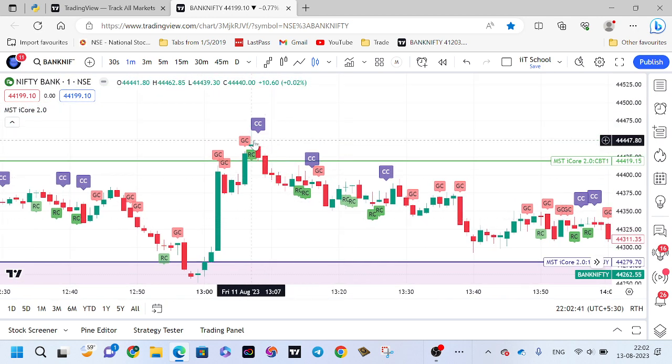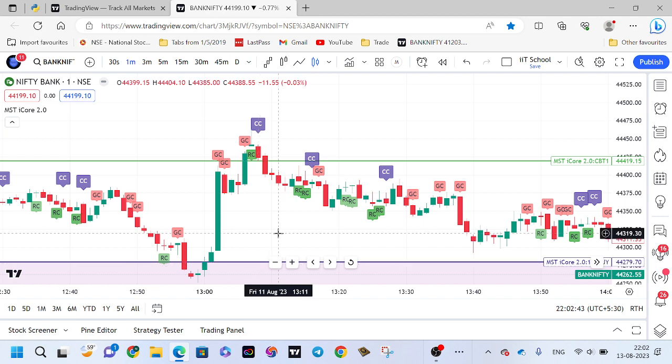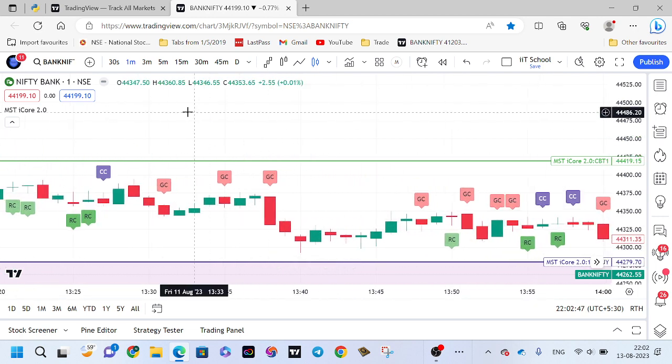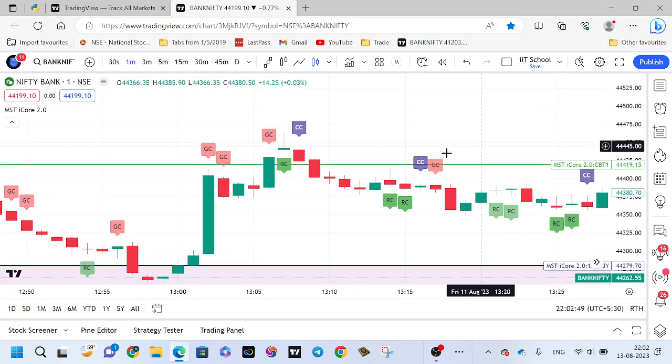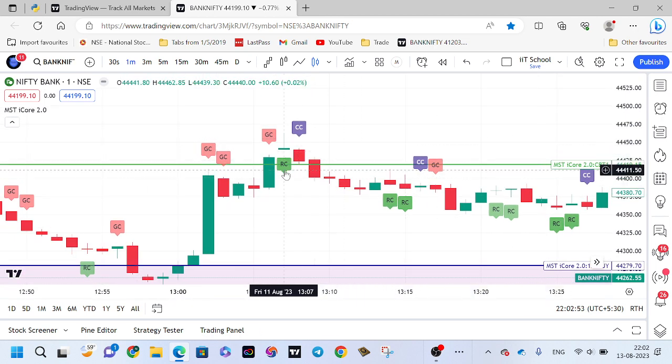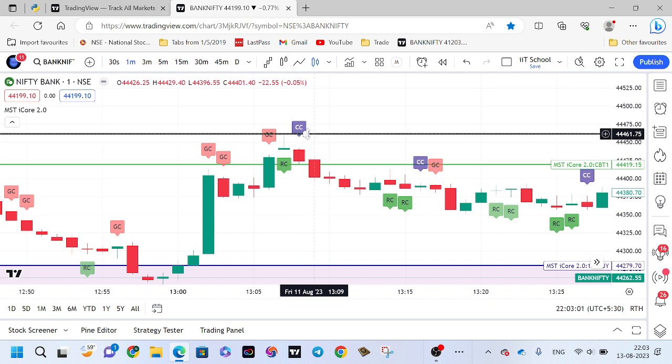But if you see at this place, at the top side, this candle is an RC followed by one CC. CC is the confirmation candle. Now what you have to do, mark the high of this candle and the low of these two candles.